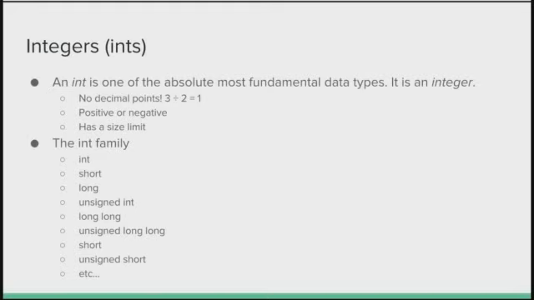Just really briefly, an int is the normal size, a short is smaller than that, a long is larger than an int, and by larger I mean you can store a bigger number. You can store a more positive and a more negative number. So you can store negative 3 billion whatever up to positive 3 billion whatever.